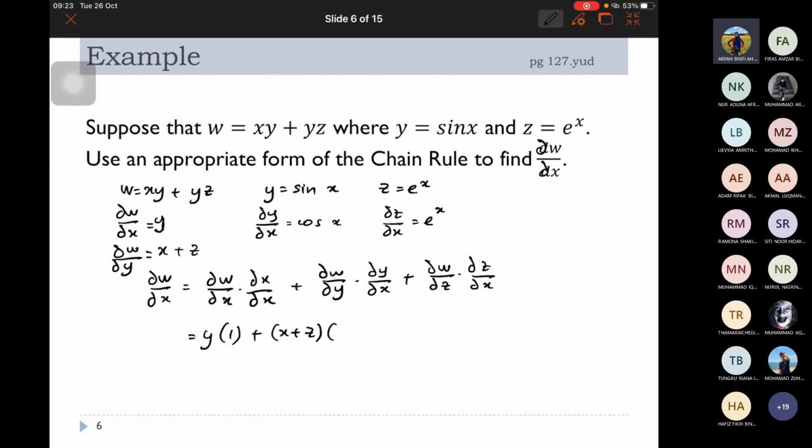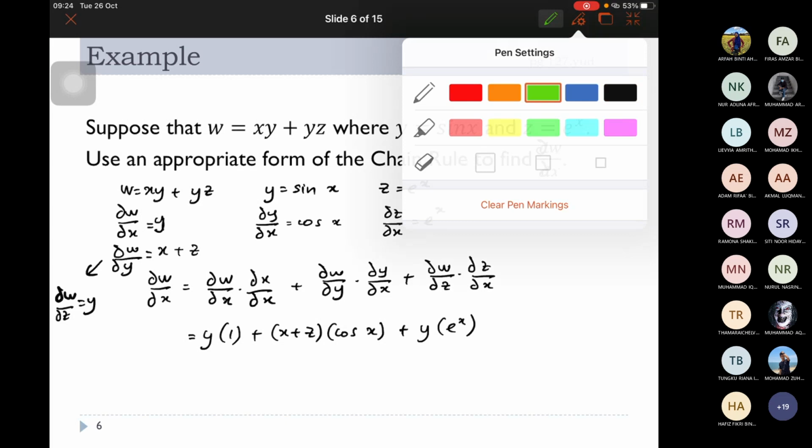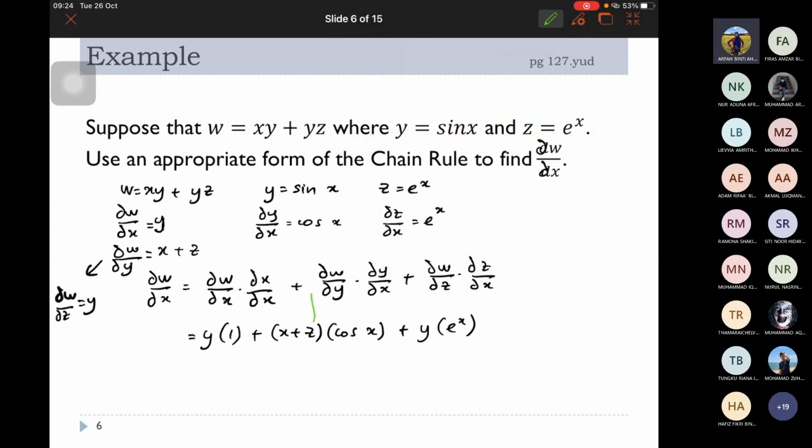Delta Y over delta X is cos X, plus delta W over delta Z is another one here, will be equal to Y. Okay. Plus Y multiplied with exponential of X. So this is the answer, but we were given Z equal to exponential X and Y equal to sin X. Okay.